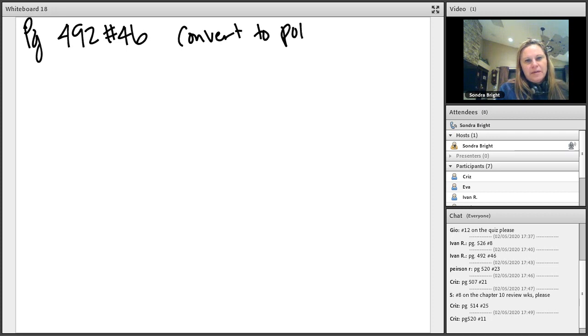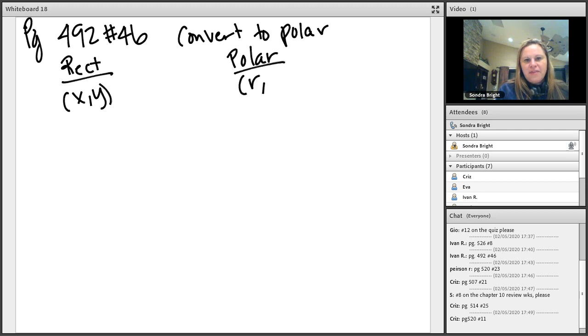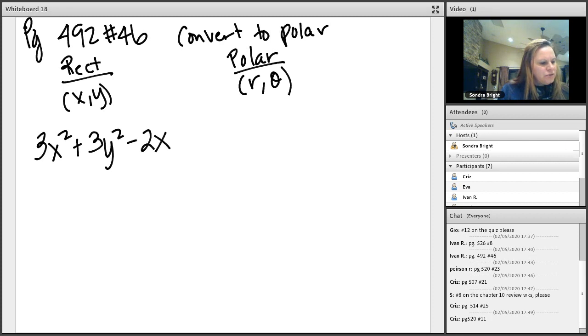So here's the deal. Rectangular has x's and y's, and polar has r's and thetas. So you can't have x's and thetas in the same equation. You can't have y's and r's or anything like that. You got to convert everything to r's and thetas. And this guy was 3x squared plus 3y squared minus 2x equals 0.